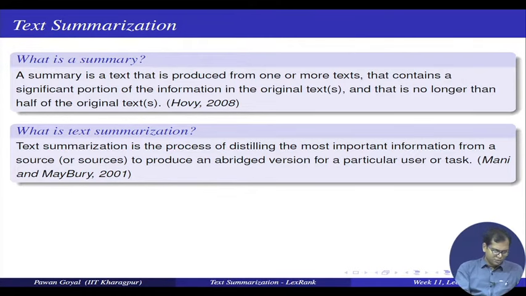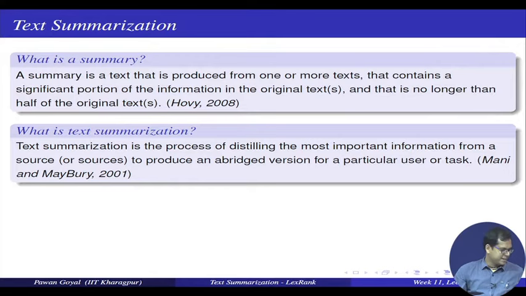Now, when we talk about summarization, you might have written summaries yourself in your school days, and it is said that humans are generally very good at summarization. They can not only reduce a text to half or 1/4, they can also go down to the very critical bit: what is the actual information that is there?